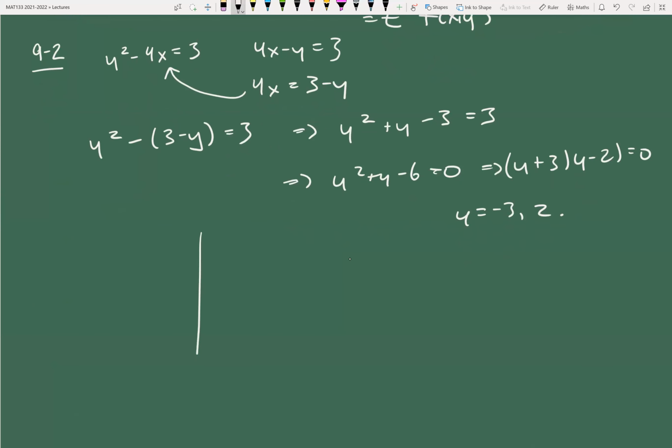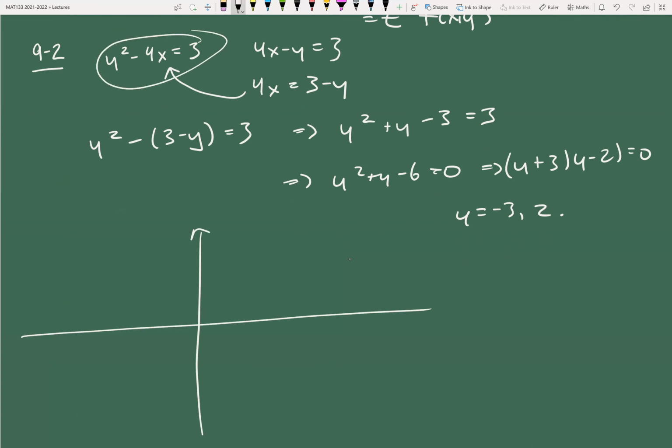Okay, so what does y squared minus 4x equals 3 look like? It's going to be x is equal to y squared minus 3 divided by 4, roughly. So it's going to be a parabola. So here's x, here's y, facing up. And then it's going to peak at negative 3/4, right?